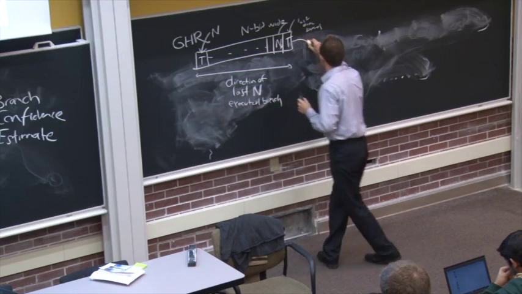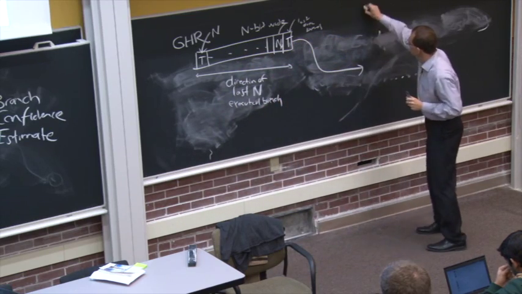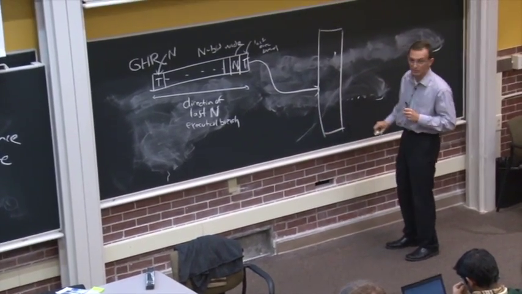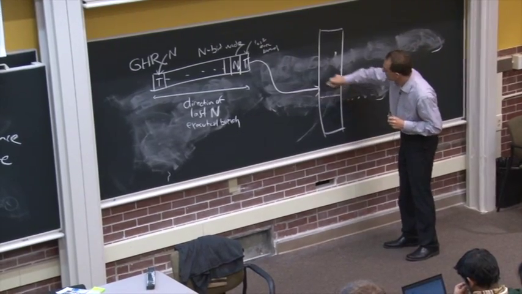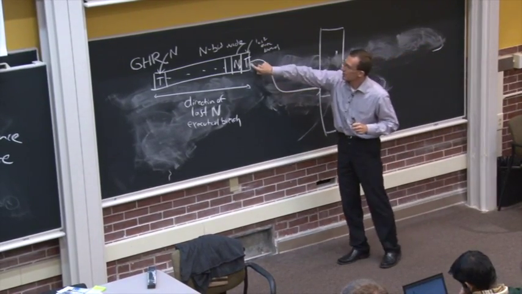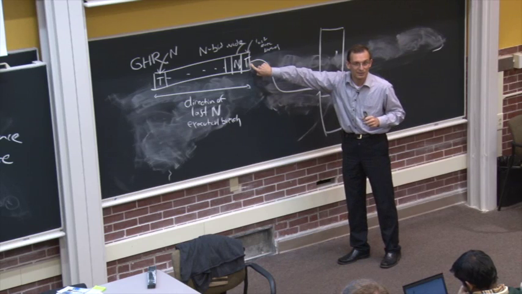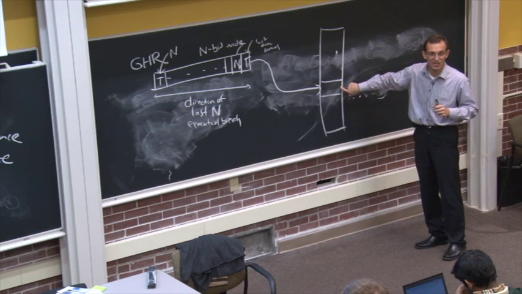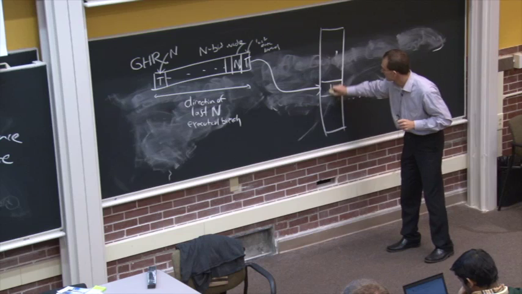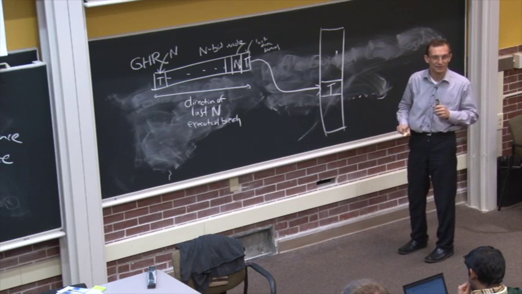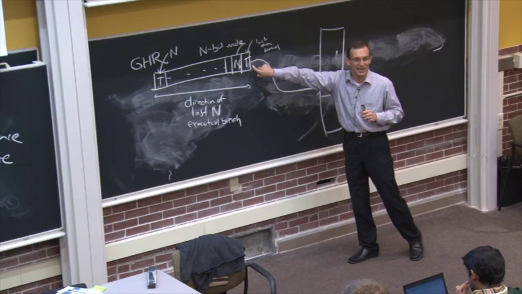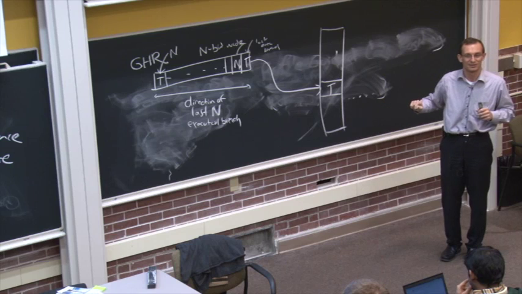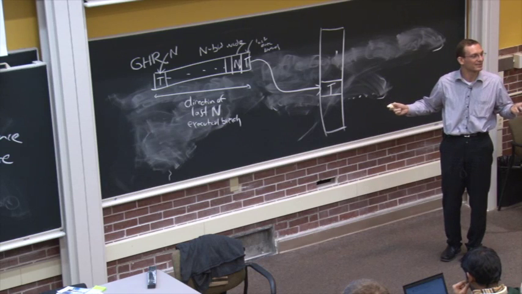And that history is used to index a table of counters, maybe, that says, the last time I saw this history, the outcome of the branch that I'm fetching was taken. So this time I'm seeing this history again. I'm going to predict the branch as taken. That's the basic idea. Right?